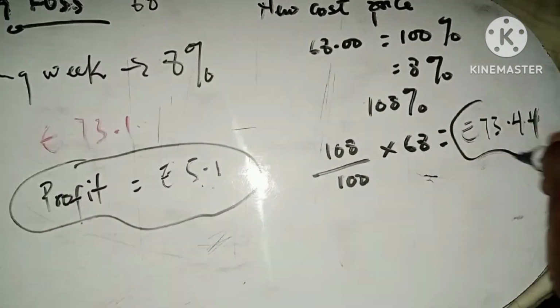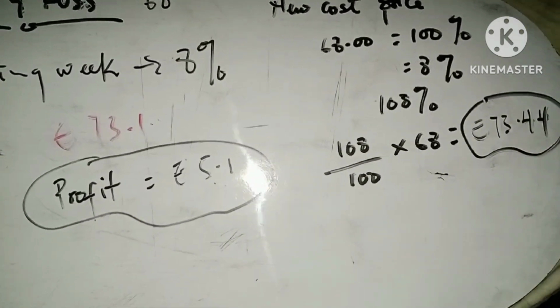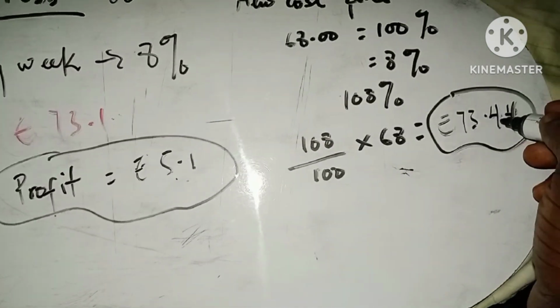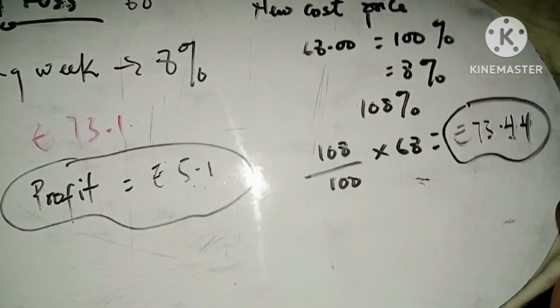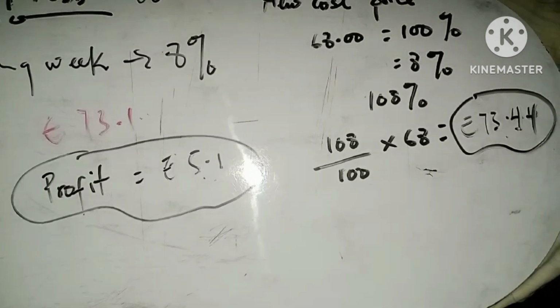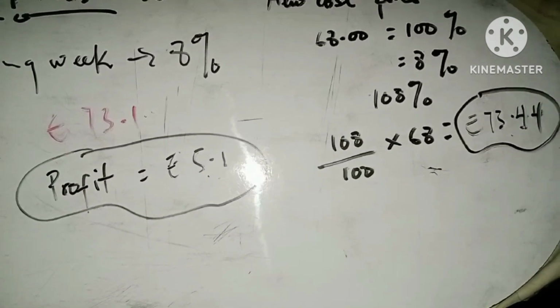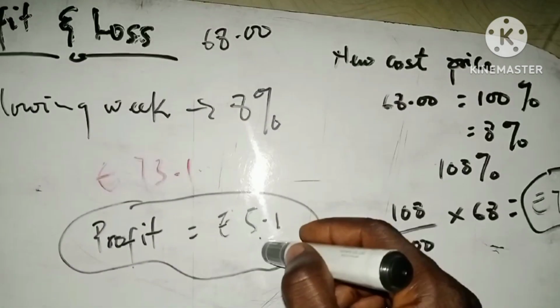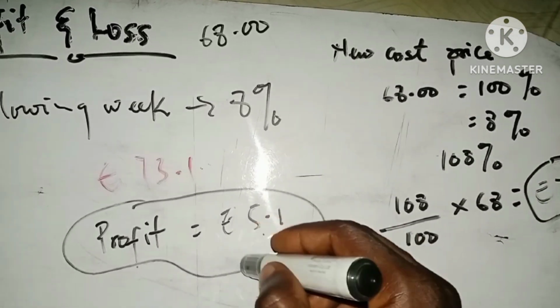Okay, so now since this is going to be our new cost, we can easily proceed from this point by saying that this is the new price at which we are buying the radio set, right? We want to make the same profit at the end of the day. So by what percentage are you going to increase the selling price in order to maintain the 5.1 pounds as profit?